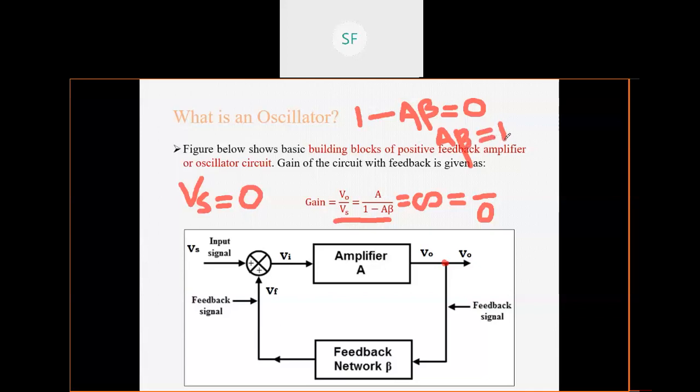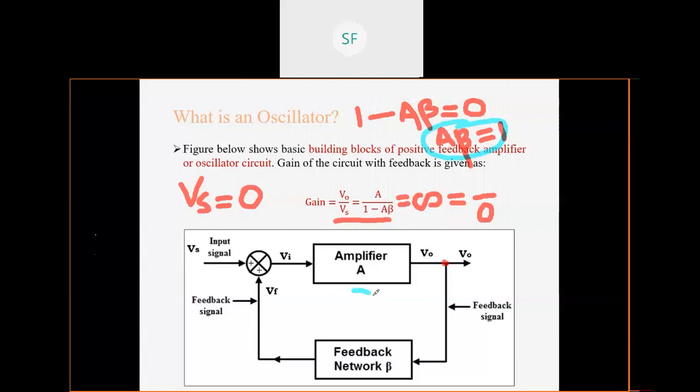Why we have done this is the thing you should remember: when in our circuit this particular condition is satisfied, that A beta equals 1. We will see after maybe the next lecture that the value of A beta is also called the loop gain.